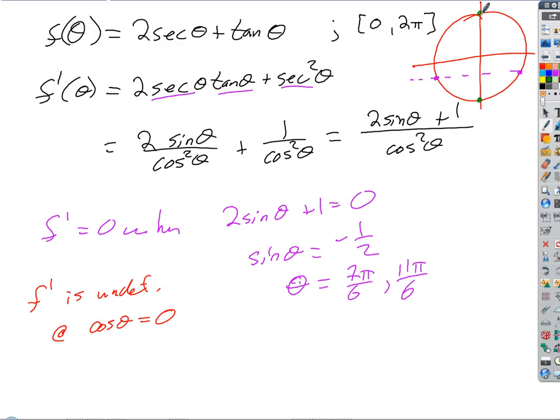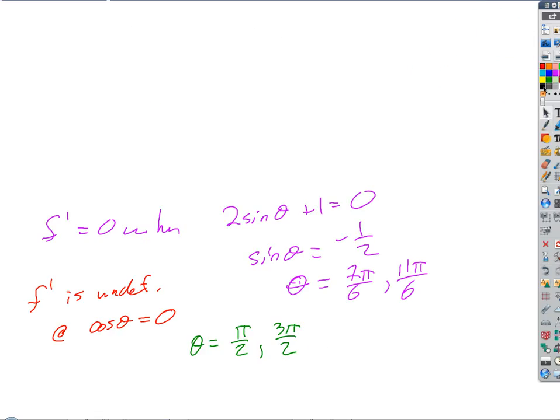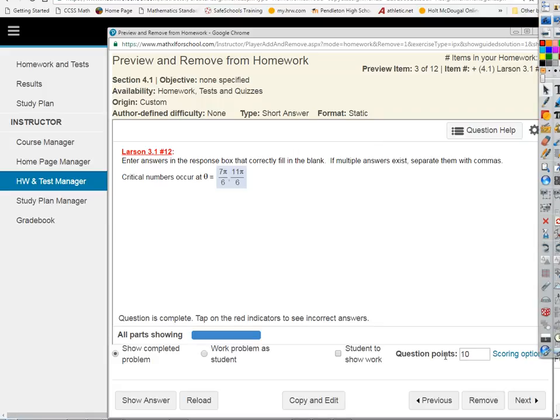So we got how many critical numbers then? 4. Plus endpoints. I would just line all those up on my table and check it. Make sense? If we're looking for absolute extrema. Okay, so I'm going to get rid of that guy then.